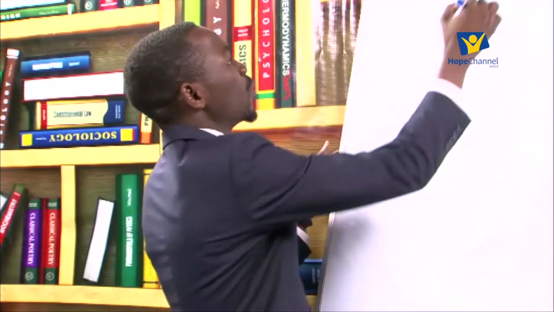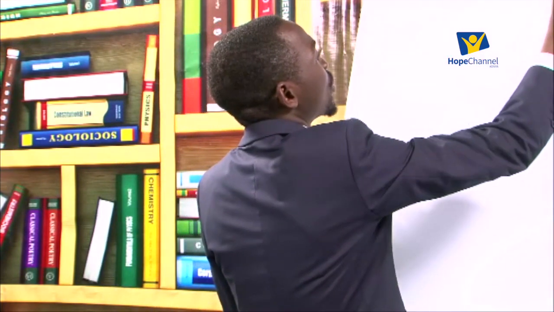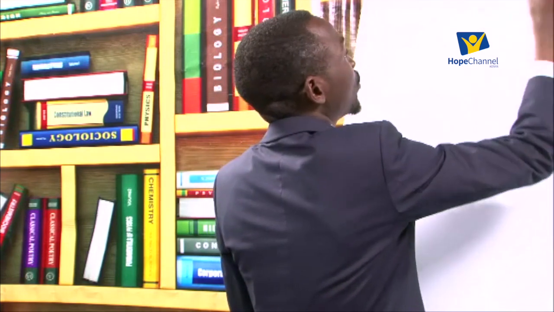Our topic today shall be the food situation in Africa and the rest of the third world. Previously, we have been discussing the agrarian revolution, and we realized that the agrarian revolution largely took place in Britain and the USA. But the question was, what about Africa and the rest of the third world countries?